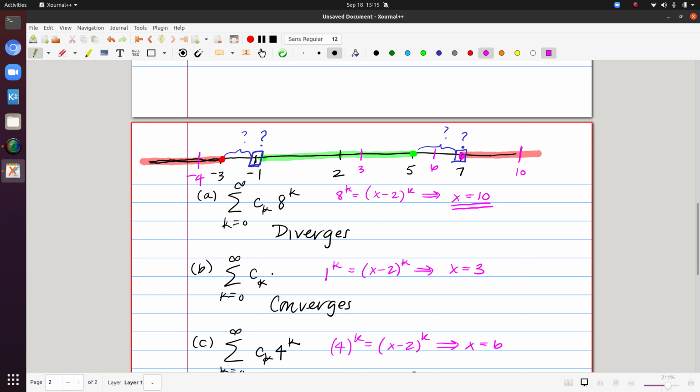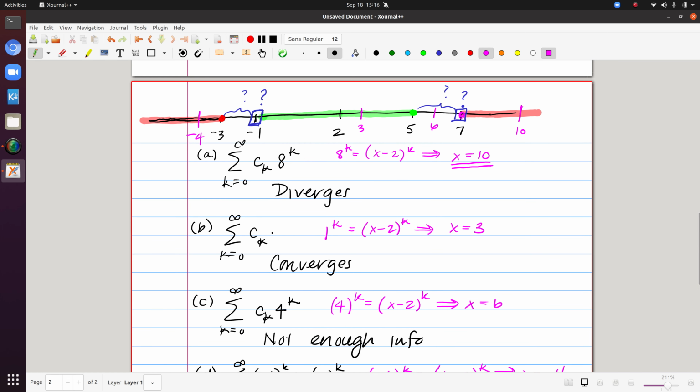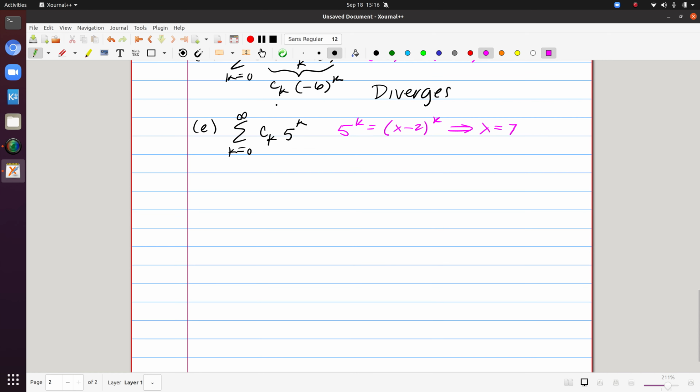But we already discussed that even though that is the same distance from the center as -3, knowing that the series diverges at -3 does not tell me anything about the series at 7 in this case. So this is another way that we could fall into a situation where we do not have enough information to decide.